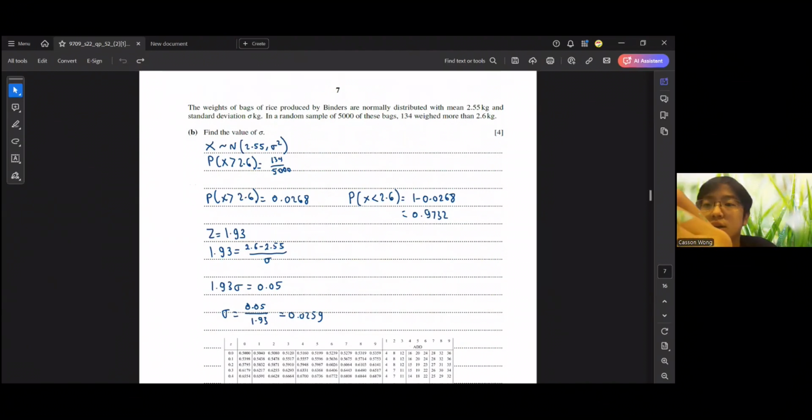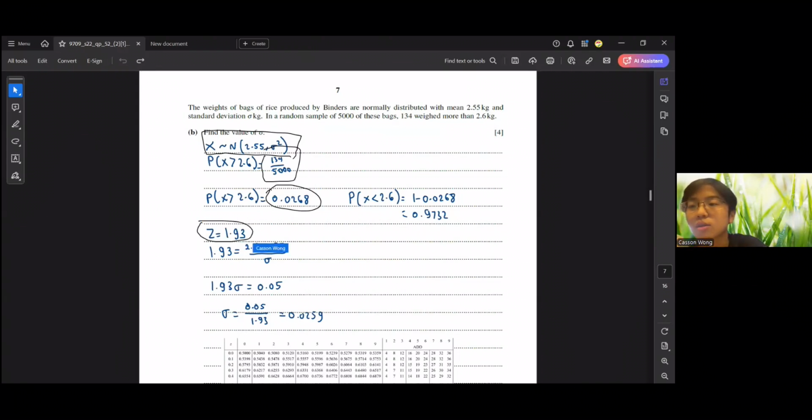Okay. So from this statement, we can see that x and this one, and the probability x is greater than 2.6 is 134 over 5,000. So this is 0.0268.